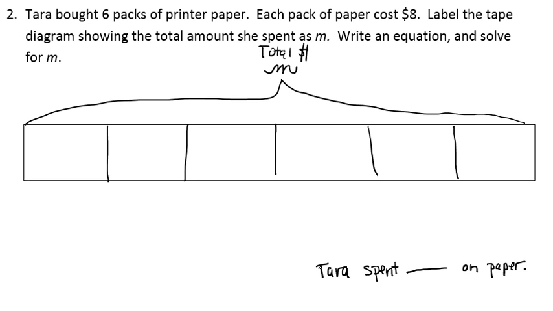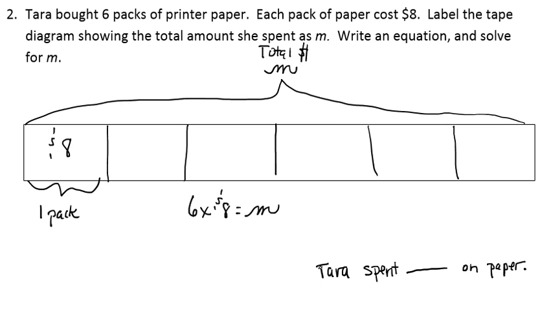And we also know that 1 pack of paper costs $8. To solve this problem, I can take 6 times $8 and get my total, or m.